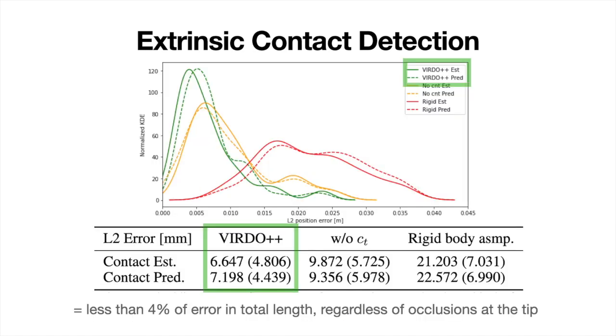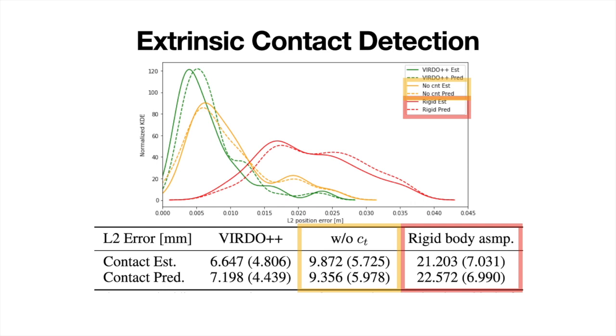Quantitatively, VIRDO++ can accurately detect contact locations with less than 8 mm of error on a flat table for the current and the following time step, regardless of occlusions. This is less than 4% of error in total length. Here we quantified the performance against ablations without contact code and with rigid body assumptions. This illustrates the importance of contact code and reasoning over compliance.